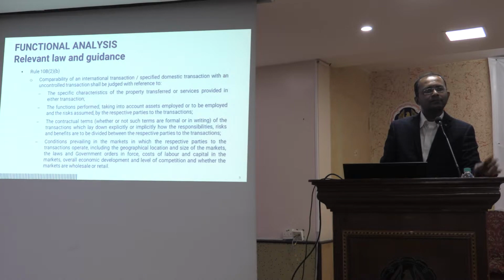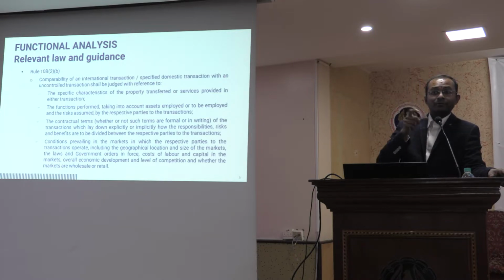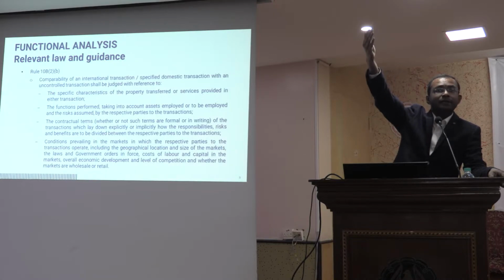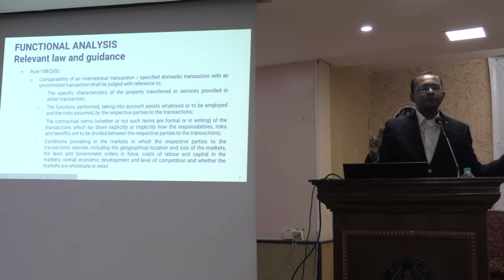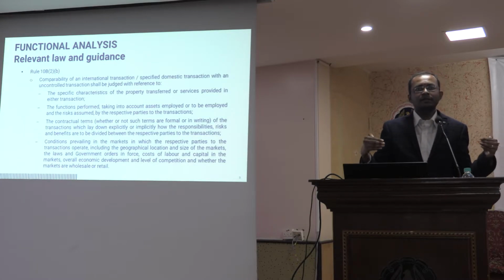Then comes furniture and fixture, computers, and then to manufacture those components, assume for a moment it's a fairly complex component on which the parent company has a patent. Alright? If that is the case, the patent should have been shared by the parent company with the Indian company, and without that patent, without that manufacturing know-how, all of these assets are useless. Because without that know-how, this manufacturing cannot be done.